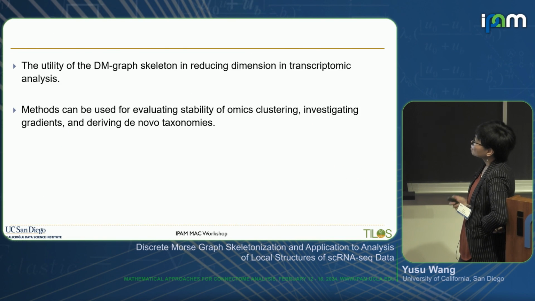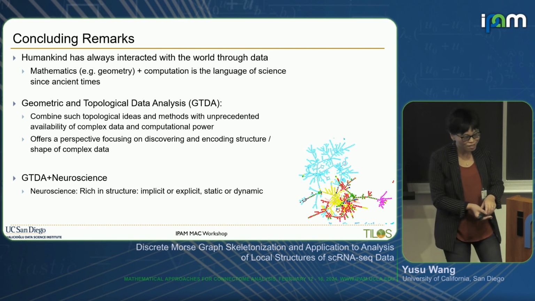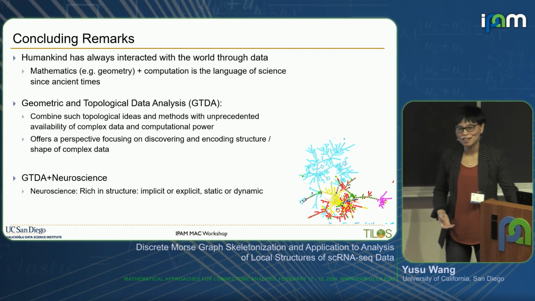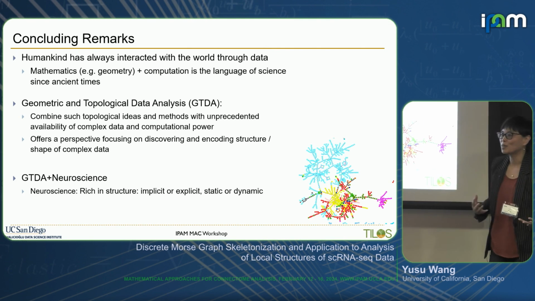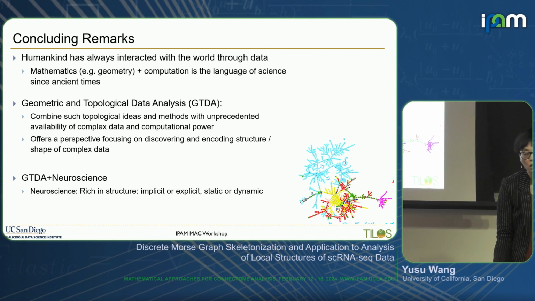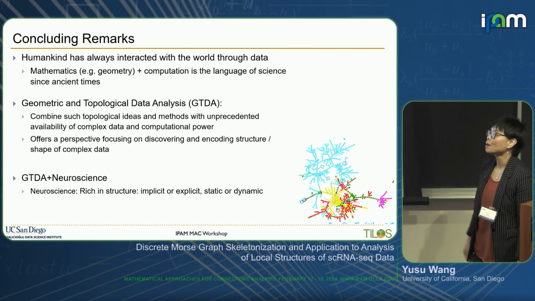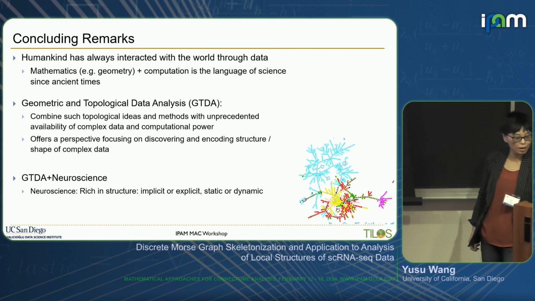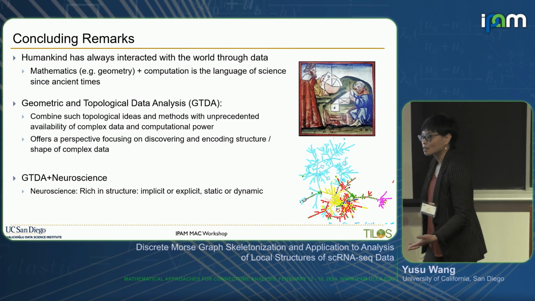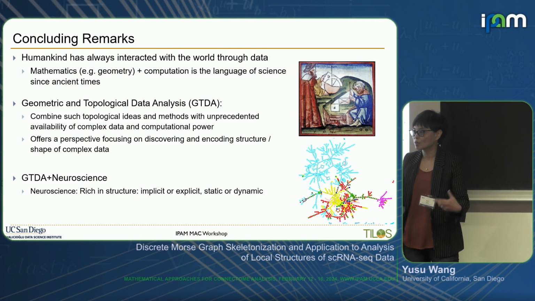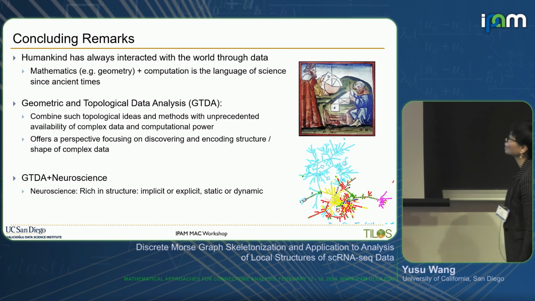Let me skip this last one and come to my concluding remarks. Even though this is not about connectome data, I hope that some of the methods used here can be useful for that as well. And a very high-level perspective is that humankind has always used mathematics as a tool to understand the world around us, often doing computations by hand, historically.